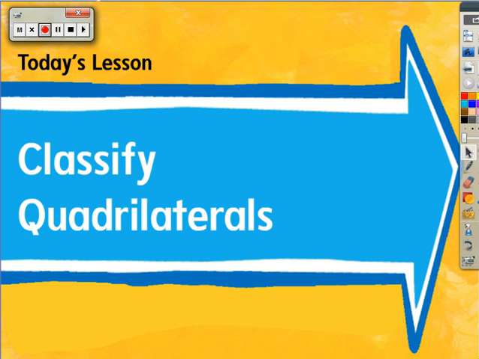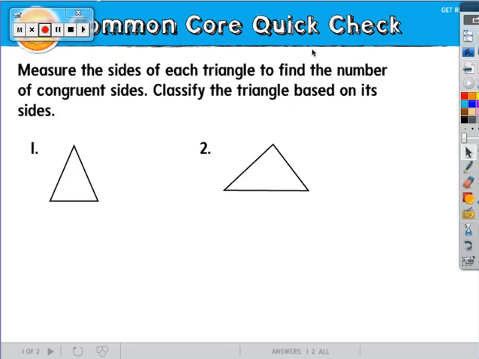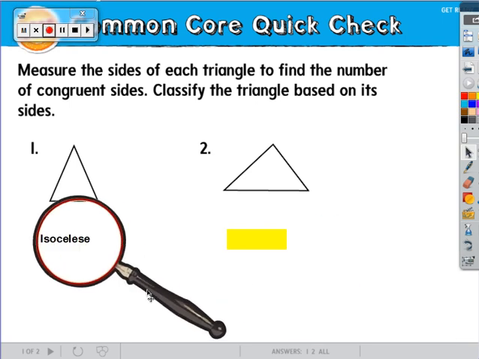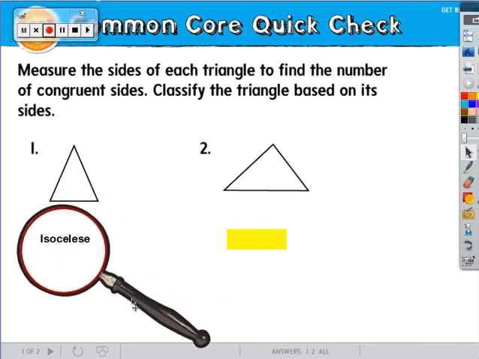Now that we've done a quick review of yesterday, we have two questions. Somewhere in your book, on your whiteboards, you're going to answer 1 and 2. Okay, hold up your whiteboards. Number 1 is what? It's isosceles.